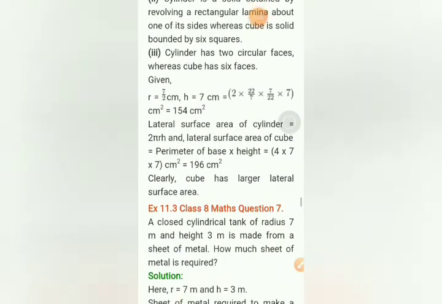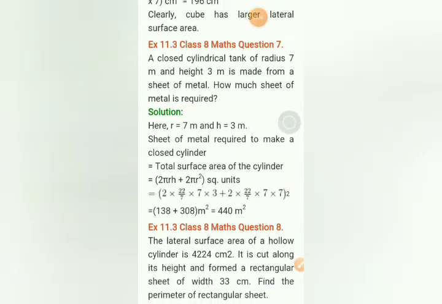Let's see problem number 7. It says that a closed cylindrical tank of radius 7 meter and height 3 meter is made from a sheet of metal. How much sheet of metal is required? R is given as 7, height is given as 3.